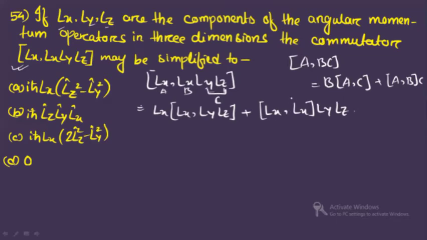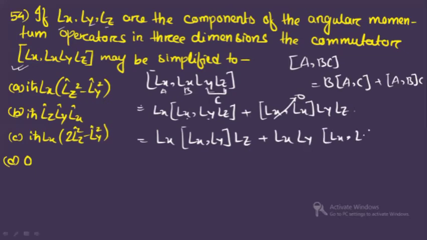Now we are having this term. The same commutation relation you will use here once again. So if I write Lx, Ly, Lz this side, plus again Lx, Ly, and this time we are having Lx, Lz.